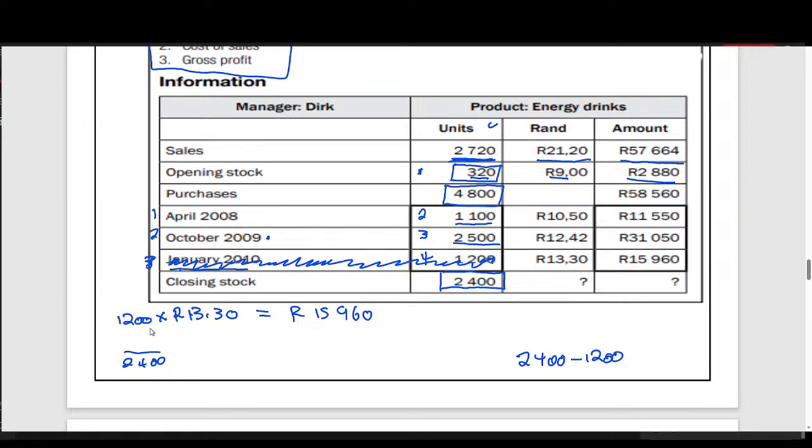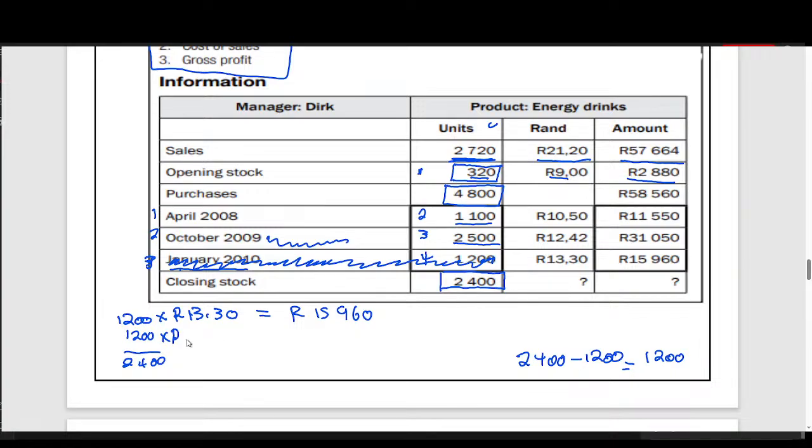Already we can account for this stock, that this stock was not sold. So what other stock was not sold? The other stock that was not sold was also 1,200. So where will this 1,200 come from? We are going to take this 1,200 from the stock that we bought in October.